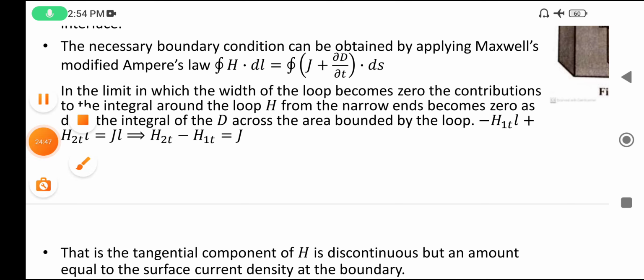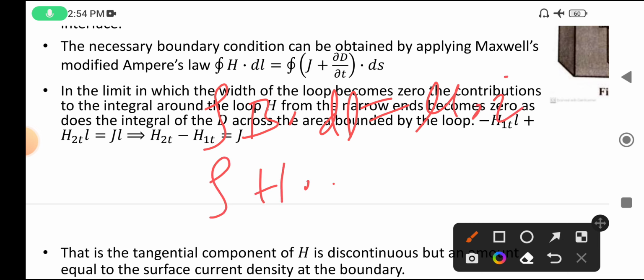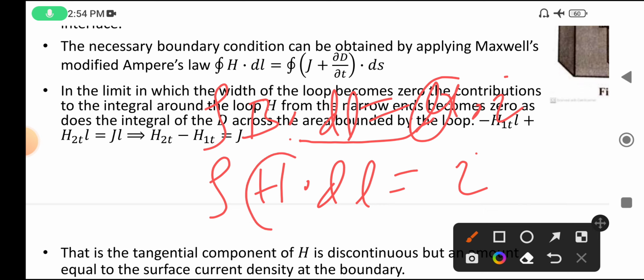When it is B only, then mu naught will come. So let me write both formulas. Integral B dot dl is equal to mu naught into I. In terms of H, integral H dot dl is equal to I only. Why? If you bring mu naught to this side, B by mu naught is H. So integral H dot dl is equal to I.